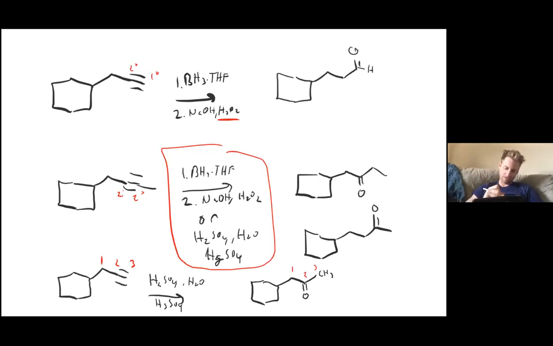Just like if I'm counting my carbons up here, 1, 2, 3. So in this reaction, we end up adding 2 more hydrogens to this position, just like we added them over here to this position. Does that make sense?